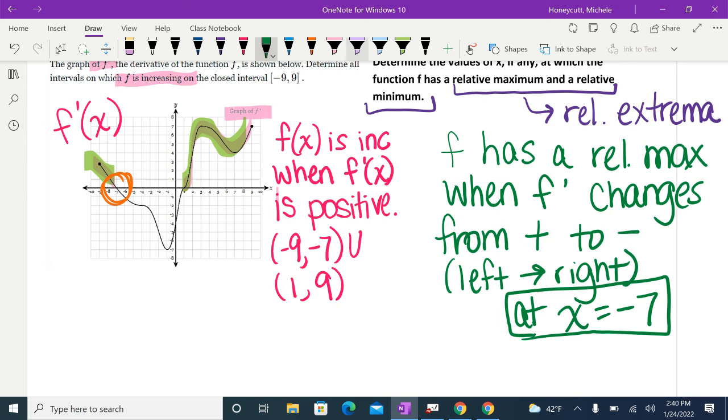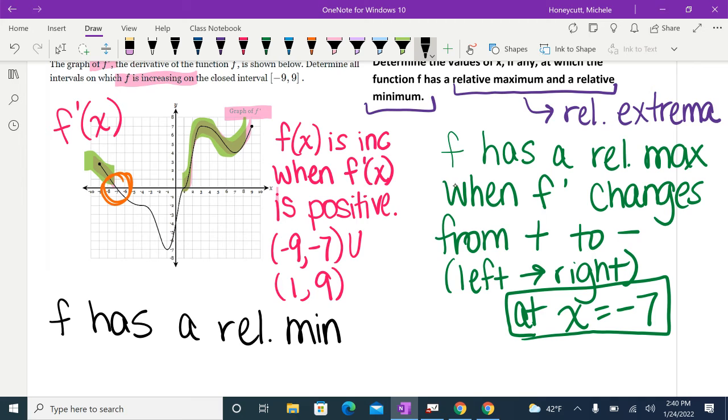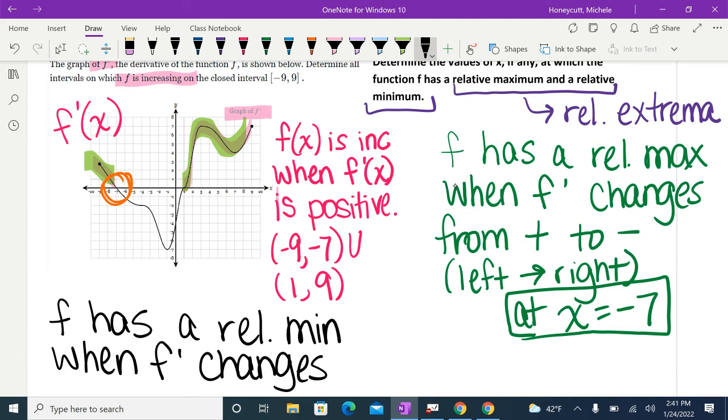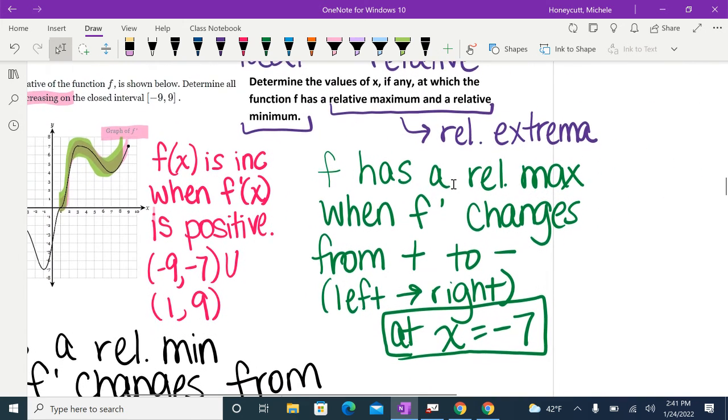And then it also says I have to find the relative minimum. So I can say f has a relative minimum when f prime changes. And if I look back at my chart, I'll see that it tells me when f prime changes from negative to positive, left to right.